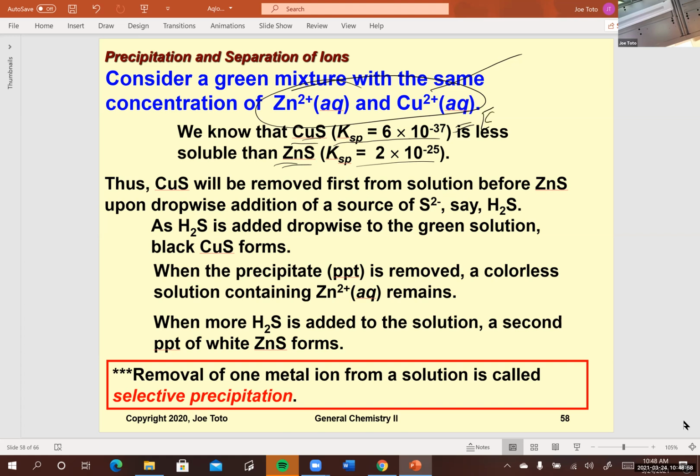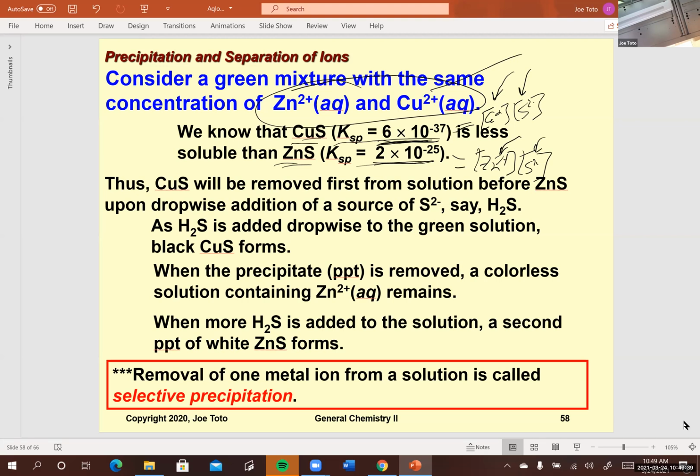So this is defined as copper 2+ times sulfide. And this one over here is defined as the zinc 2+ and sulfide concentration. Look at the values. This is much smaller than this. So that tells me that I have to have smaller concentrations of these ions in solution compared to these.